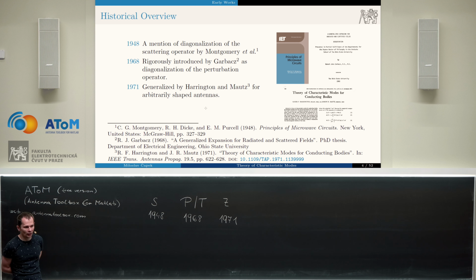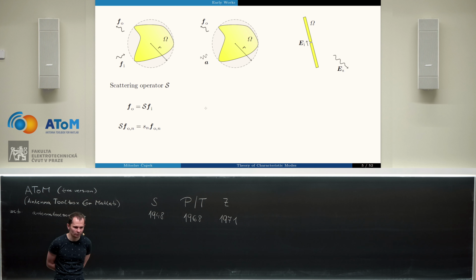With the impedance matrix and with the method of moments incorporated, we have a free approach to the decomposition of arbitrarily shaped antennas. This was the true beginning of the modern era of characteristic modes, because with this proposal we can basically calculate characteristic modes of whatever we like.